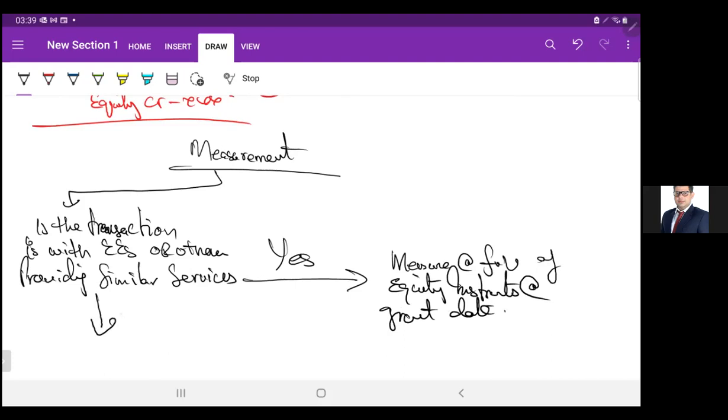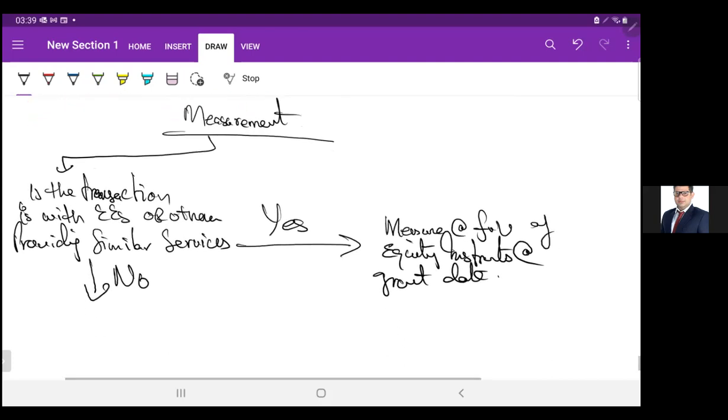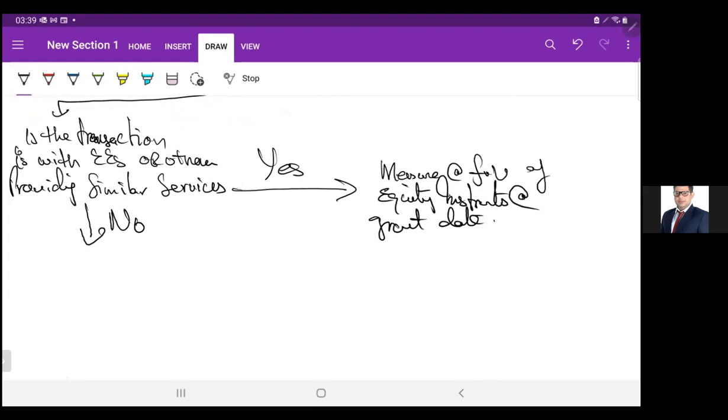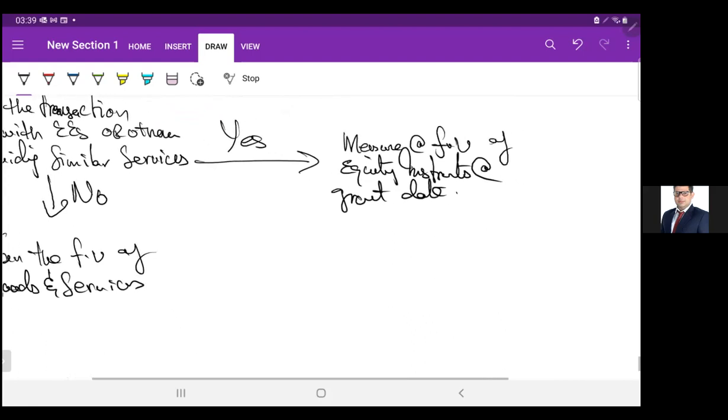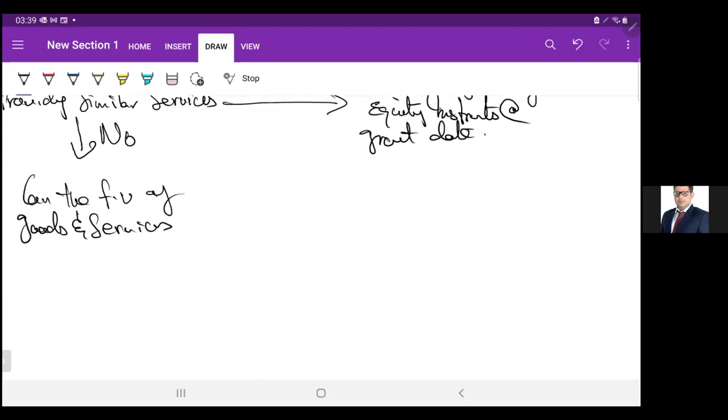And if the answer is no, then you have to consider whether the fair value of goods and services received can be measured reliably?